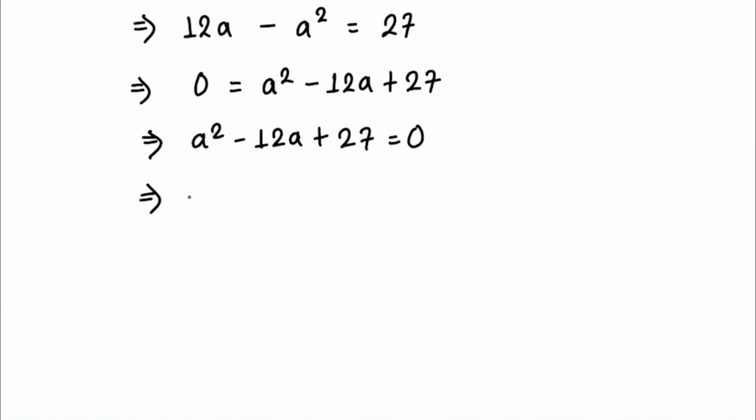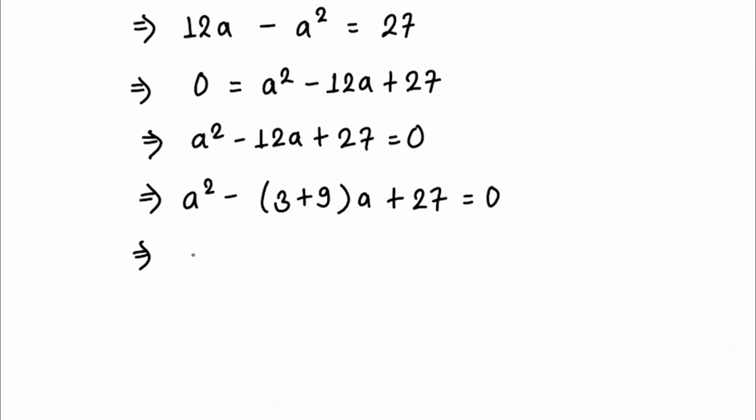Now let's just factorize this, so we have a square minus, now we need 2 numbers over here, right? Which when added should give us 12 and which when multiplied will give us 27, okay? And we know that 3 plus 9 is 12 and 3 times 9 is 27.